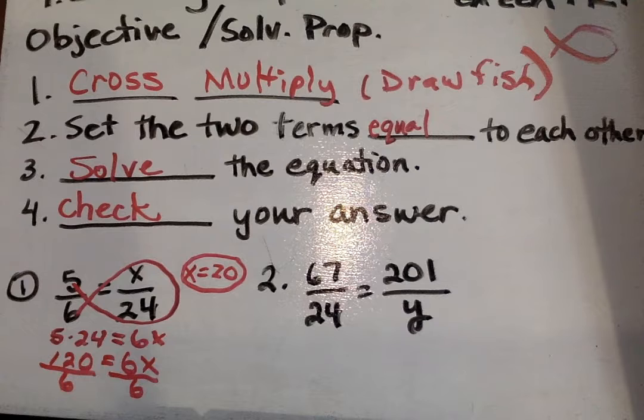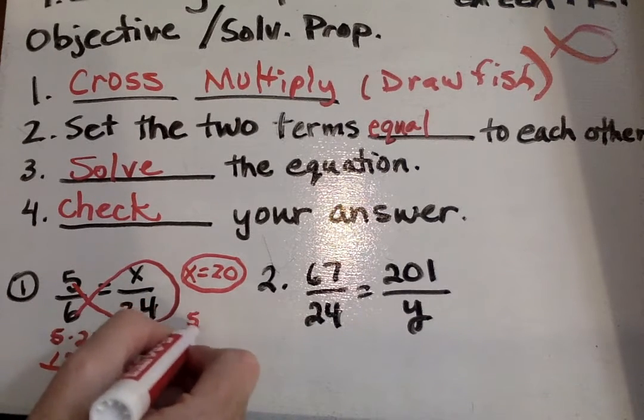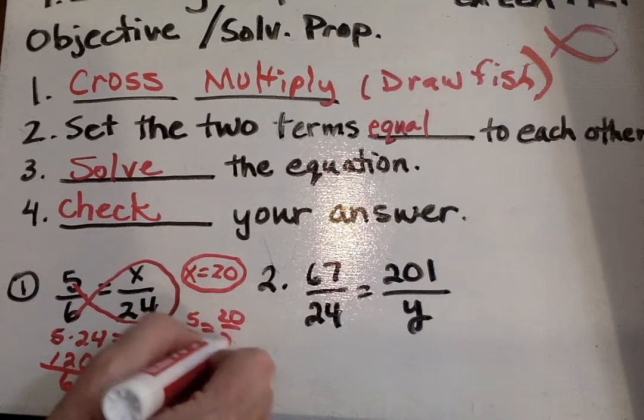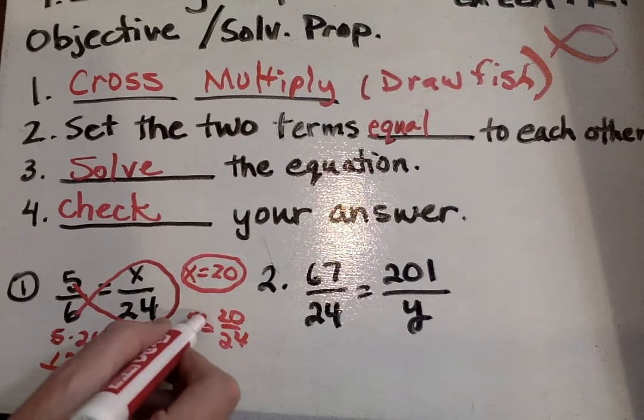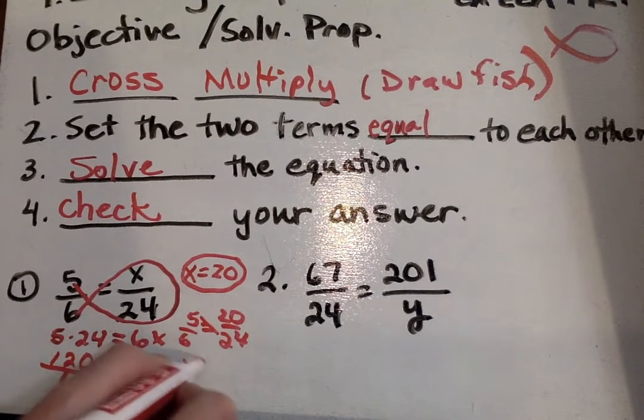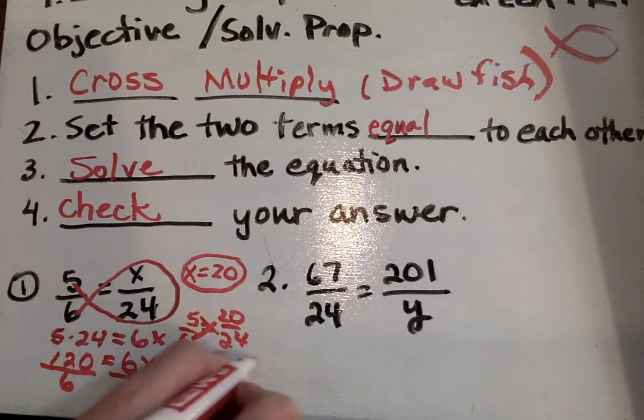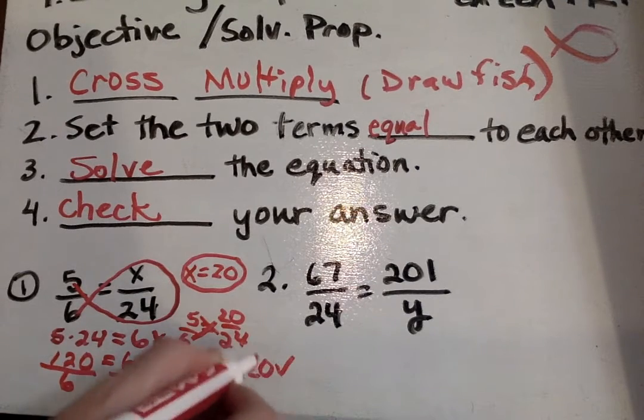To check that, we can say, does 5/6 equal 20 over 24? 5 times 24, 120. 6 times 20, 120. And then you check it that way.